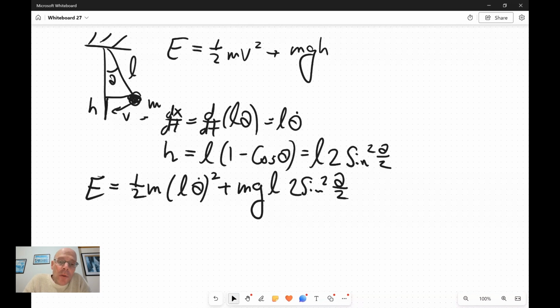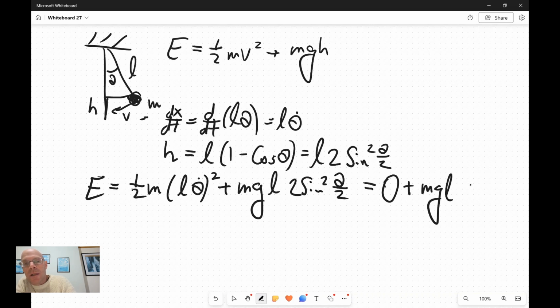It is conserved, and therefore we can equate it to the same expression, but at the maximum theta where the velocity is 0. So this is also equal to 0 kinetic energy plus mgL times 2 times sine square theta m over 2.